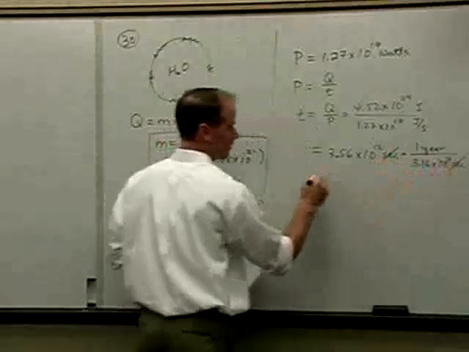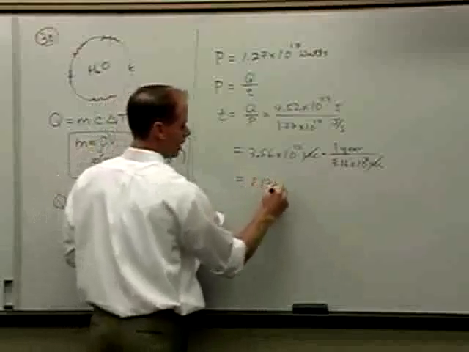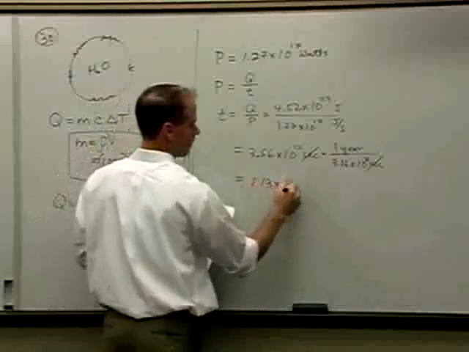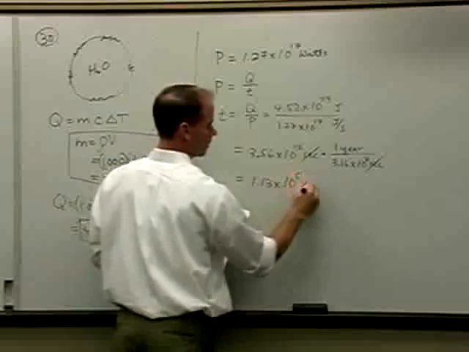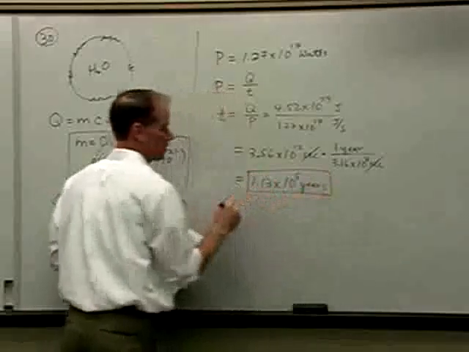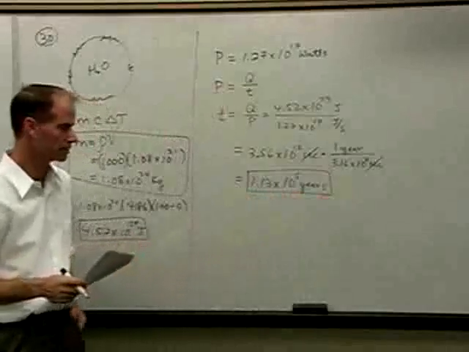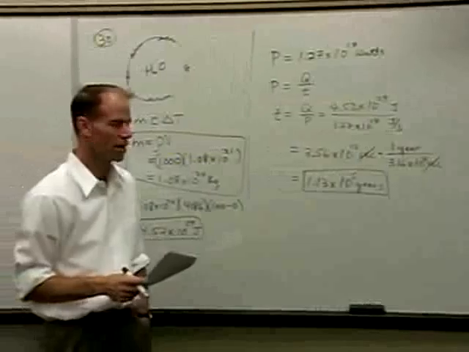Seconds cancel out, and I get 1.13 times 10 to the 5 years. So in order for the Earth to heat up so that the water comes to a boil, it will take 100,000 years.